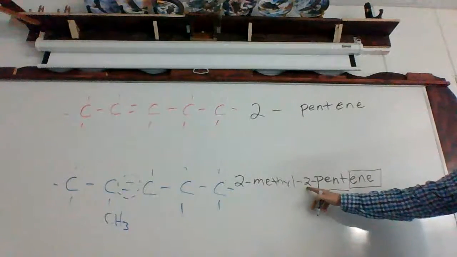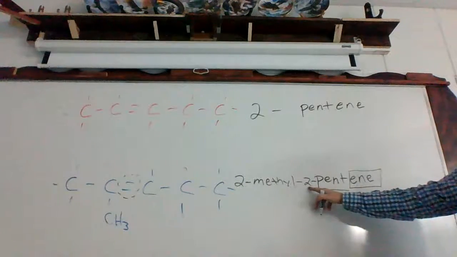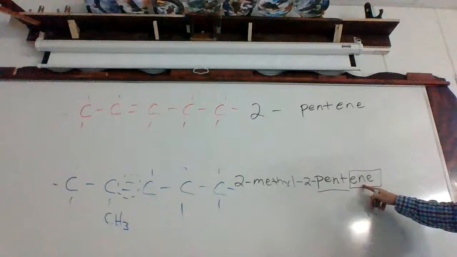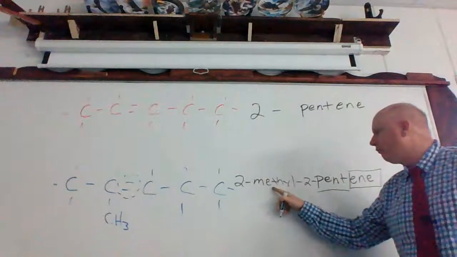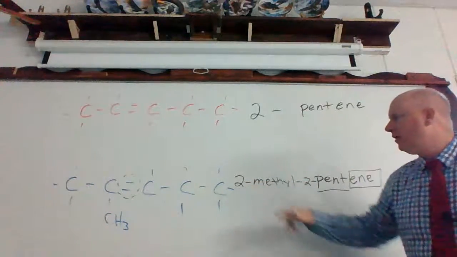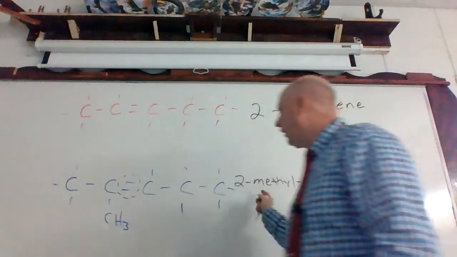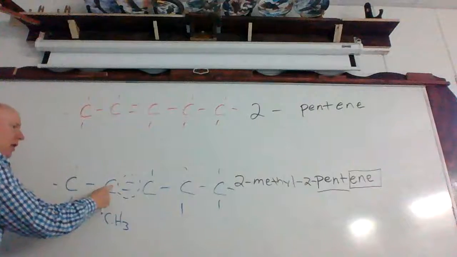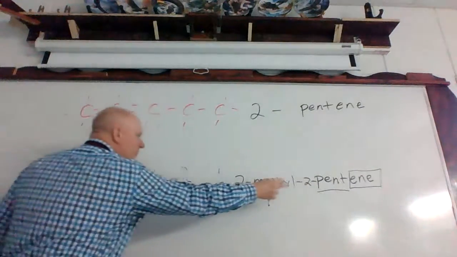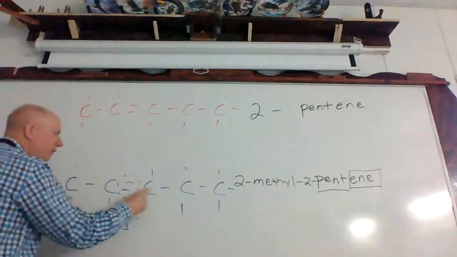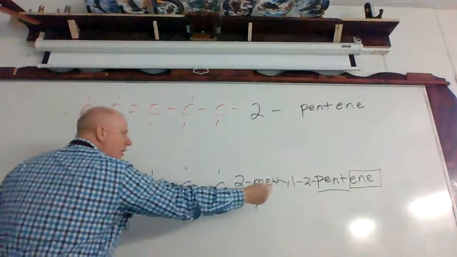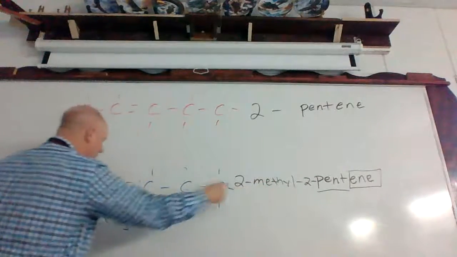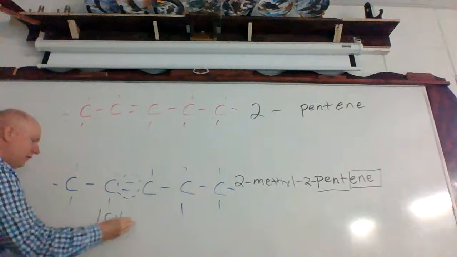There's nothing written after this 2, so that's referring to where the double bond is. And this says we've got a methyl group on the second carbon. So we have a double bond at the second carbon. There's supposed to be 5 carbons: 1, 2, 3, 4, 5. There they are, with a methyl group on the second one. Here it is, right there.